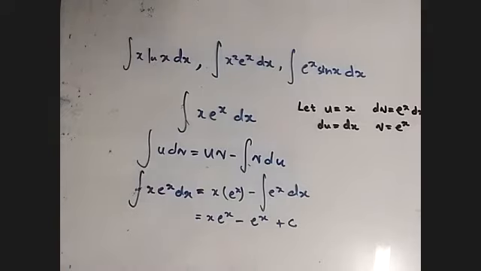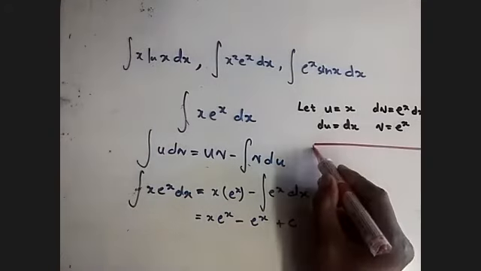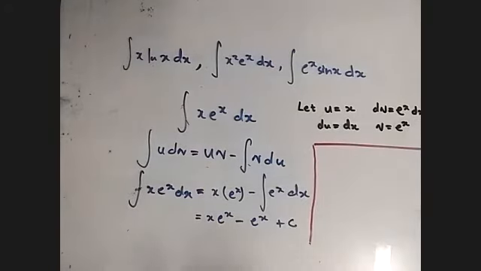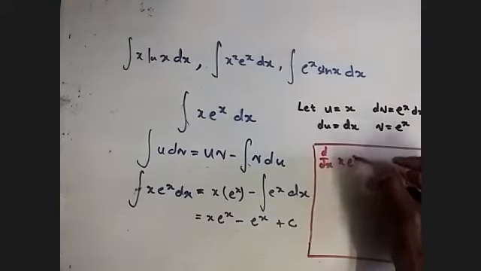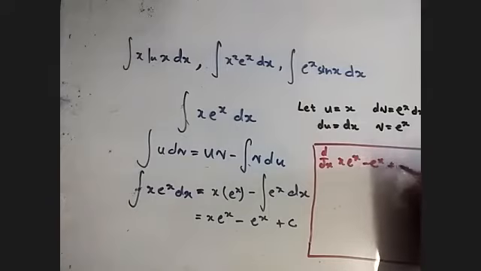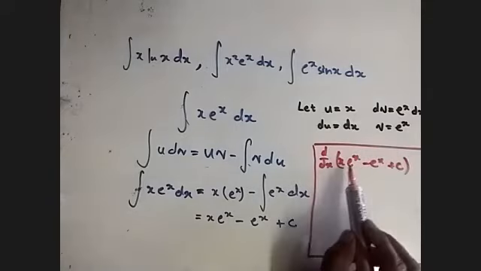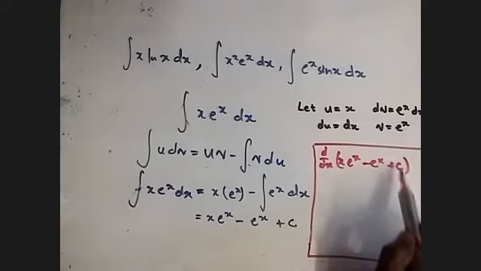Somebody might say, okay, we see what you have done, but how do we check that this is true? I say to you, anytime you have a problem where you have to integrate, for you to see whether a solution is true, you must differentiate, which is the opposite of integration. So we take d dx of x e to the x minus e to the x plus c, meaning I'm going to take the derivative of this, that, and that.